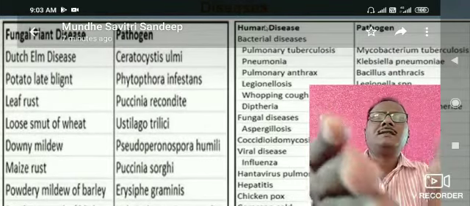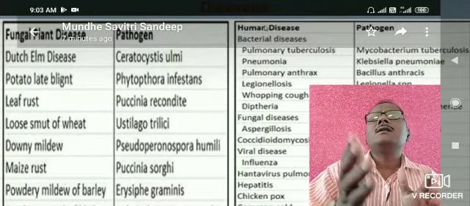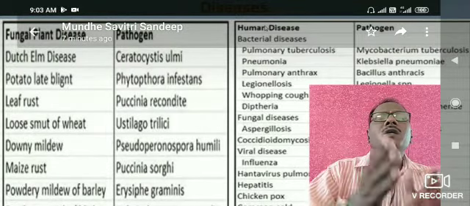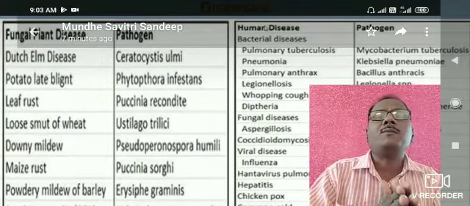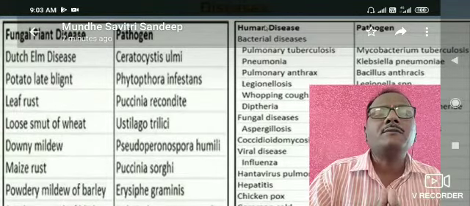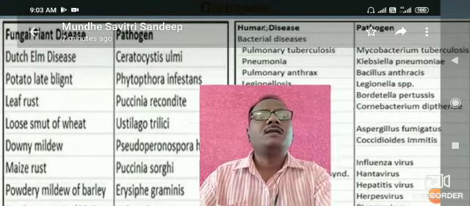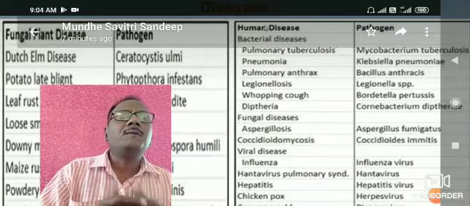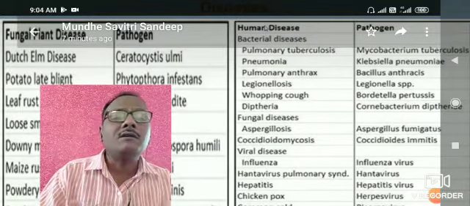This is the table where we know the fungal plant diseases and human diseases due to microorganisms, for example potato blight caused by Phytophthora infestans. Among bacterial diseases are pulmonary tuberculosis, pneumonia, anthrax, whooping cough and diphtheria.